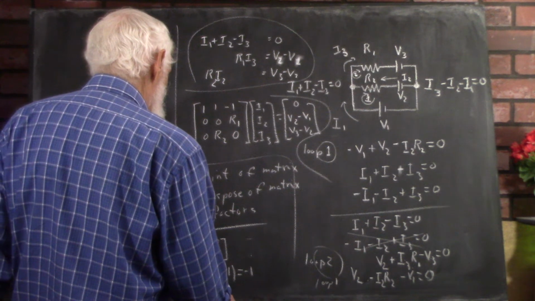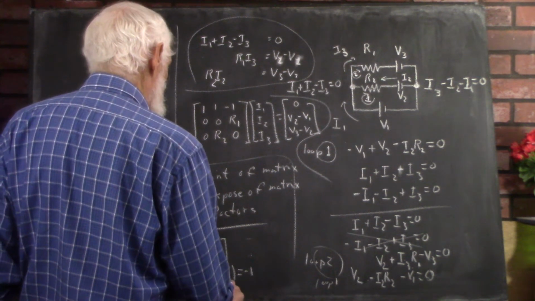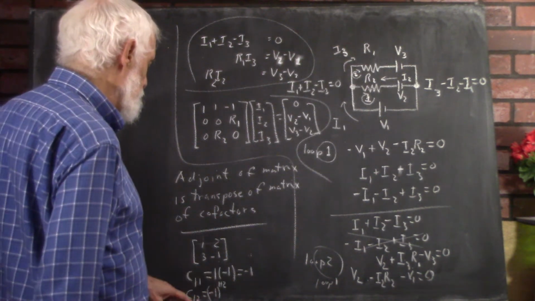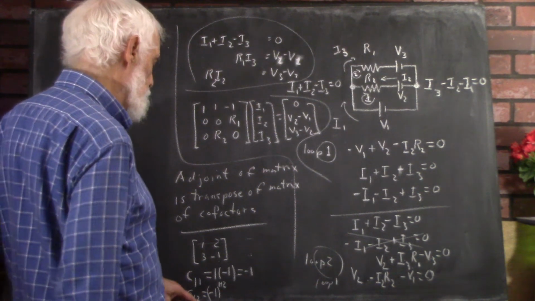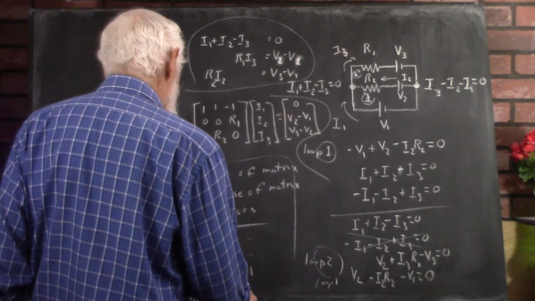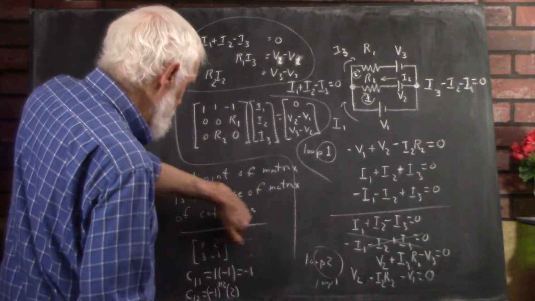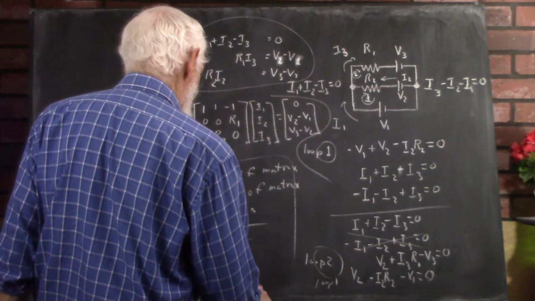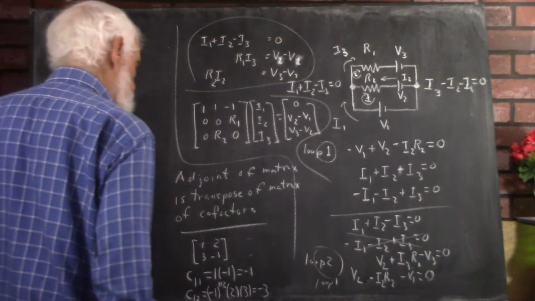Now, to be careful, it's -1 to the 1 plus 2, the sum of the number of the row and column, then times the number here, and then what you get if you eliminate its column and row, which is 3. So there's your cofactor 1, 2.